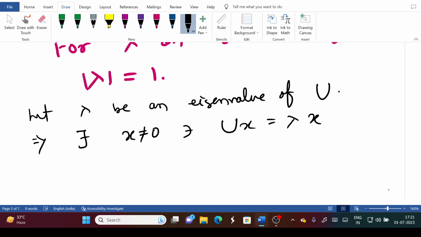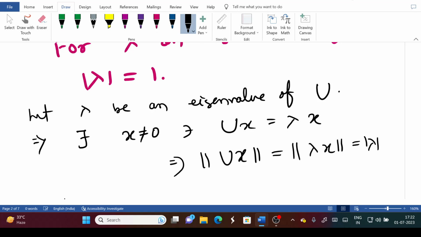Now, this implies length of Ux is equal to length of lambda x, which is equal to mod lambda into length of x, and that is equal to length of x.